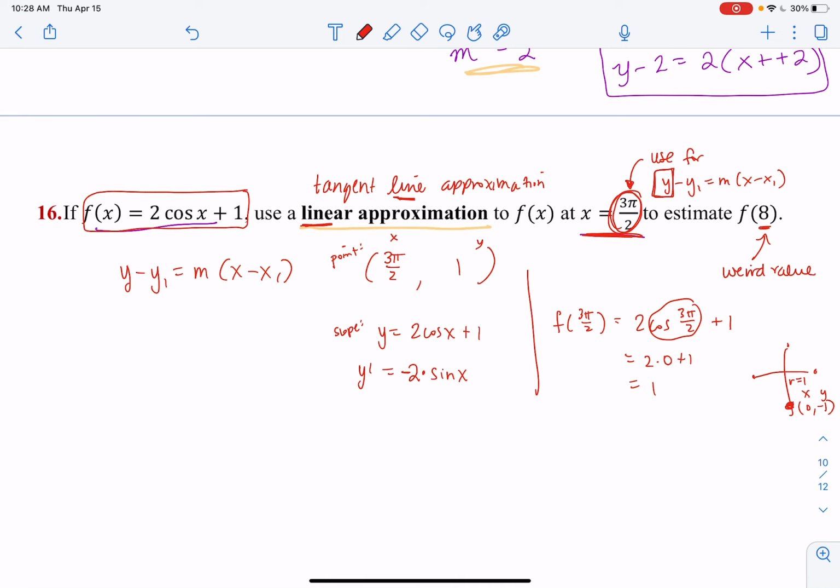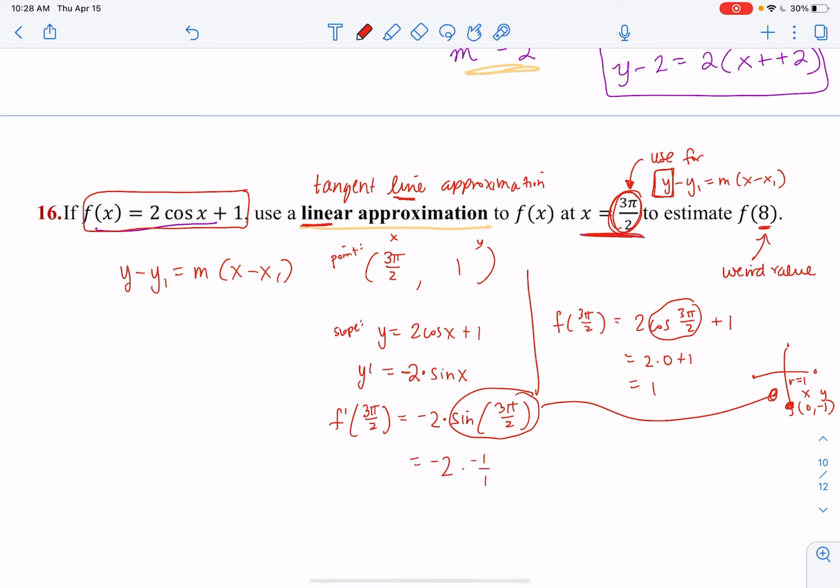So now I should write f prime, and we plug in our x value, which is 3 pi over 2, and we get -2 times sine of 3 pi over 2. I can use the same diagram, because that's 3 pi over 2. And sine of 3 pi over 2 is y over r, so -1 over 1, or just -1. And when we multiply that with -2, we get +2 as our slope.